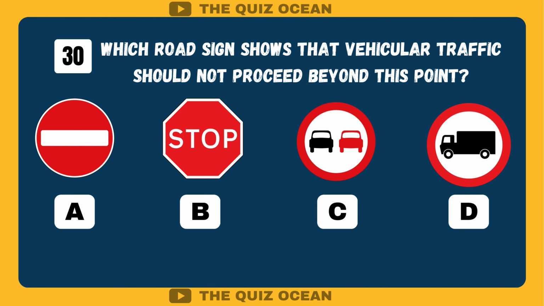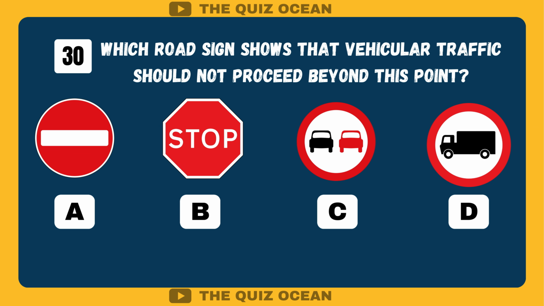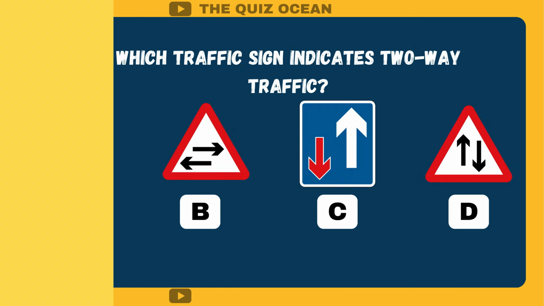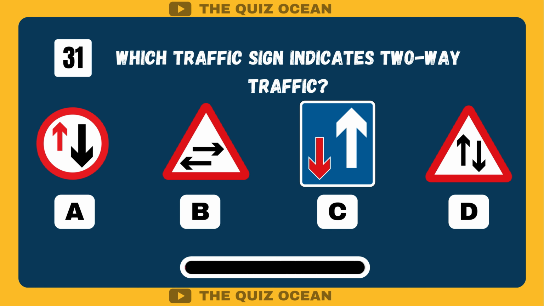Question 30. Which road sign shows that vehicular traffic should not proceed beyond this point? The answer is A. Question 31. Which traffic sign indicates two-way traffic?